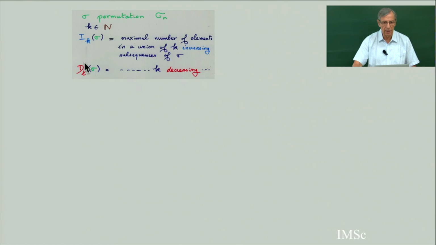And dually, D_l of sigma for any integer l is the maximum cardinality of a union of l decreasing subsequences. So there is no individual interpretation of the number of elements in the second row, third row, etc. There is an interpretation in the number of elements of the first k rows or the first l columns.